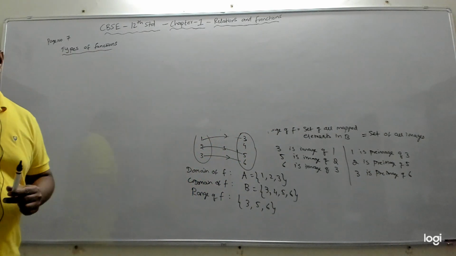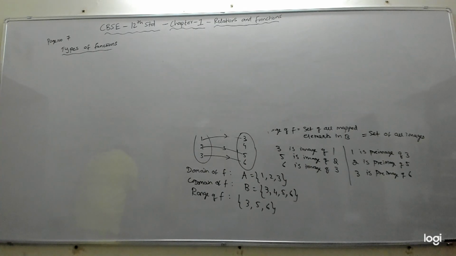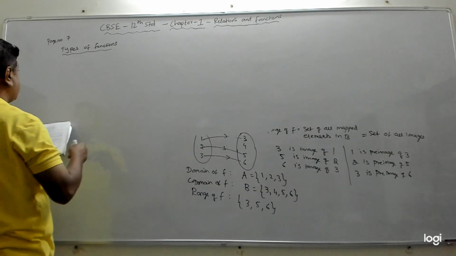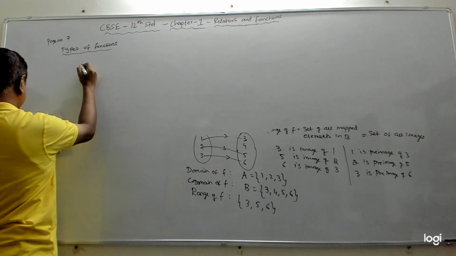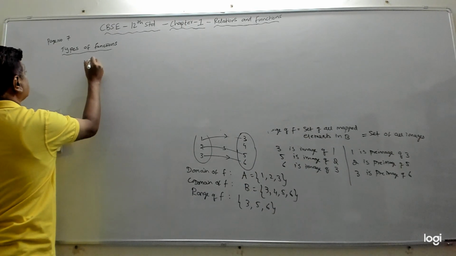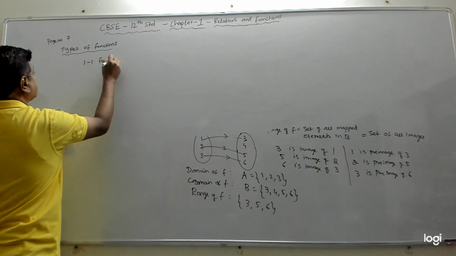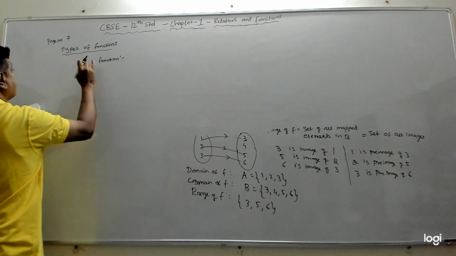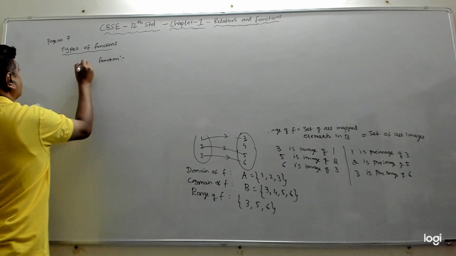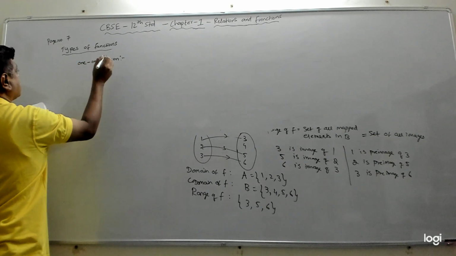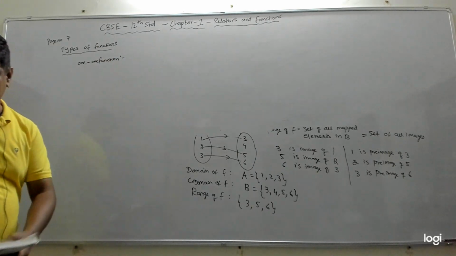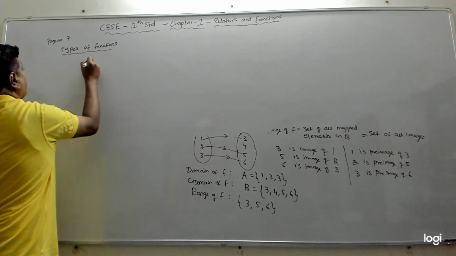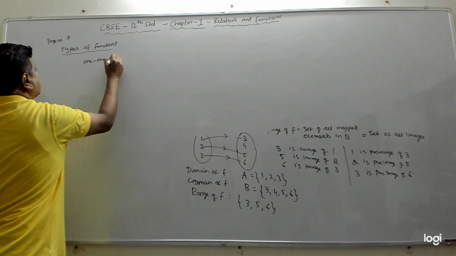Now types of functions. I am in definition 5 in your textbook, page number 7, which is for a one-to-one function.